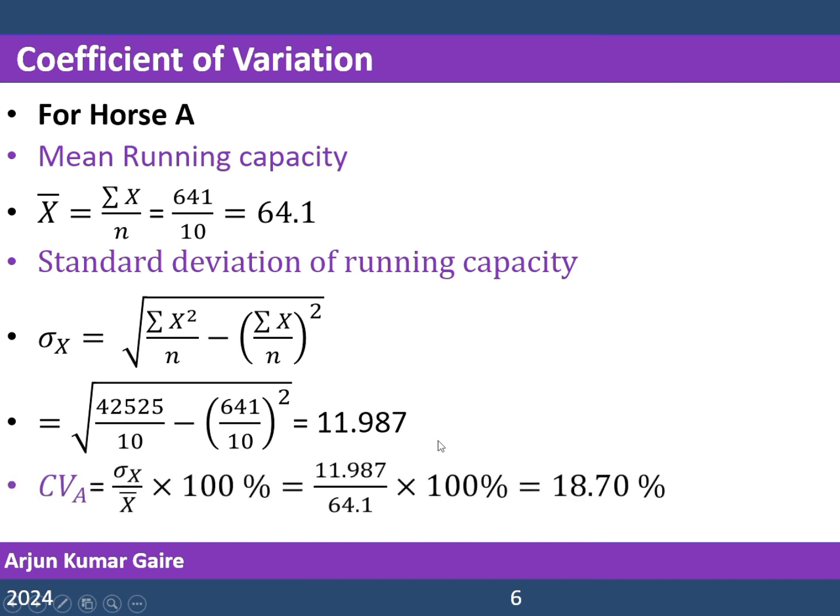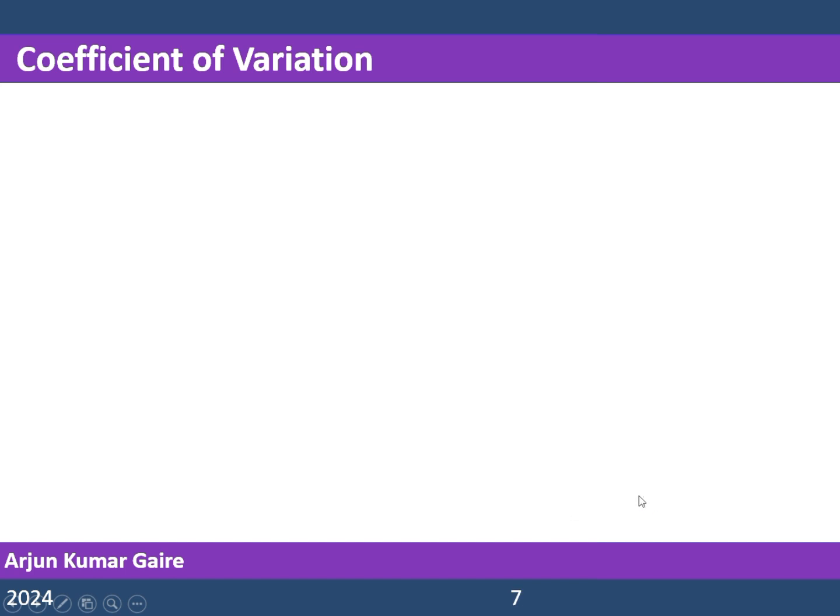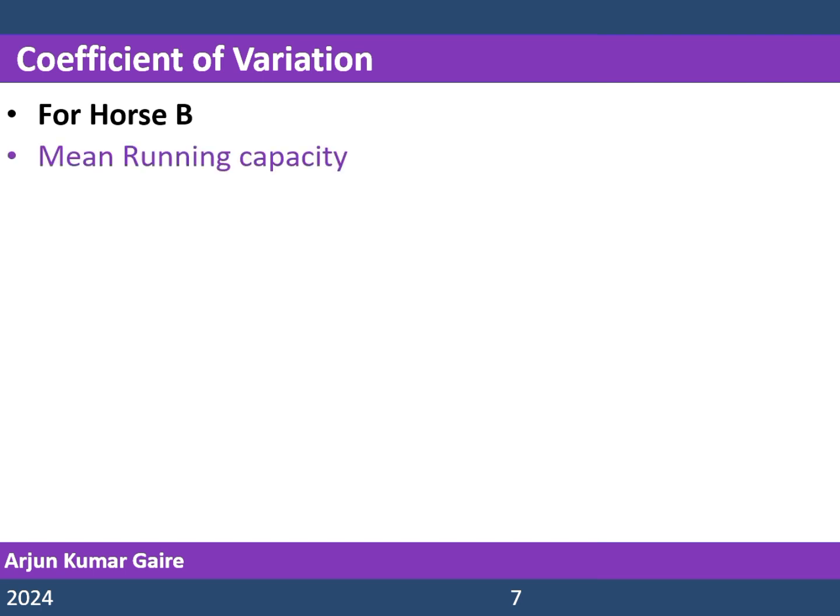Similarly, the coefficient of variation is computed as sigma x by x bar, that is the standard deviation of horse A to the mean, multiplied by 100%. It gives the value of coefficient of variation as 18.70%. Similarly, for horse B, the mean running capacity is computed as 63.6.